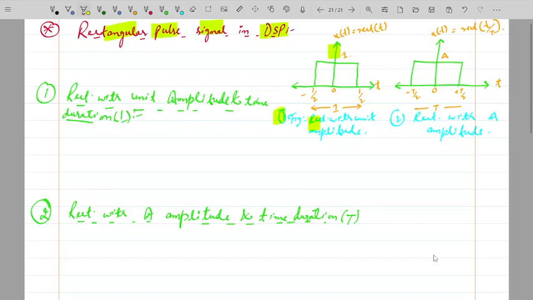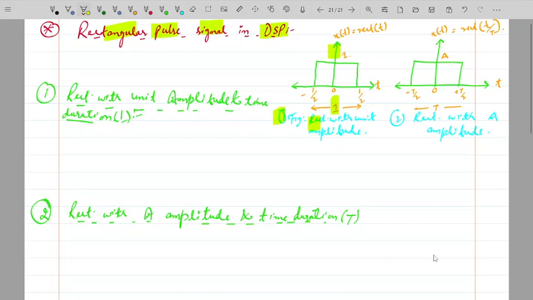The rectangle has unit amplitude, and the width of this rectangle is also 1. So this is the rectangular pulse on the y-axis, and on the x-axis is the time duration t. The width of this rectangle is 1.